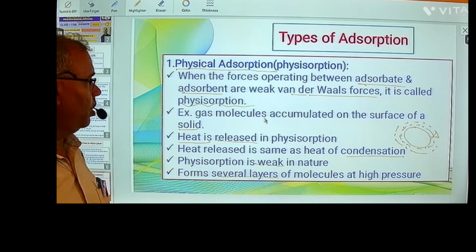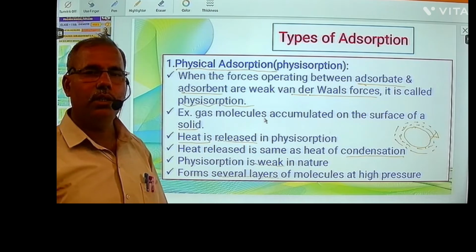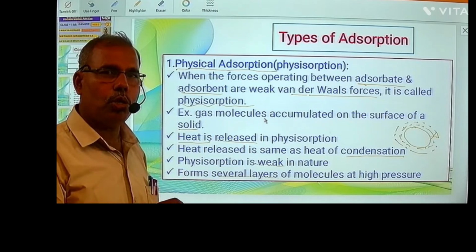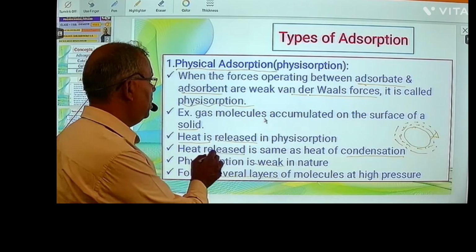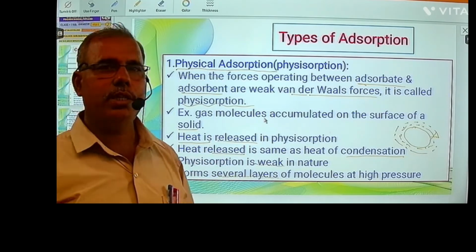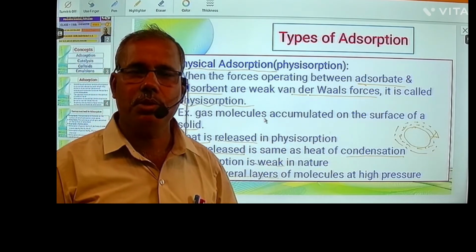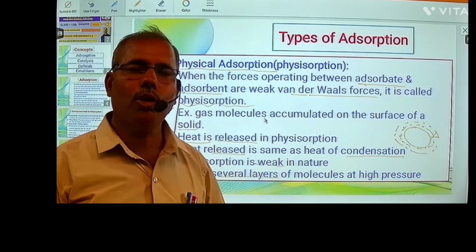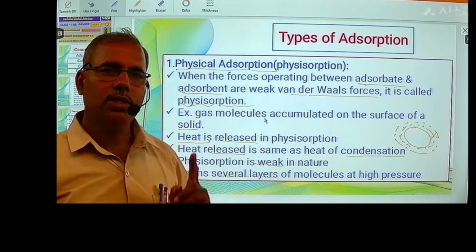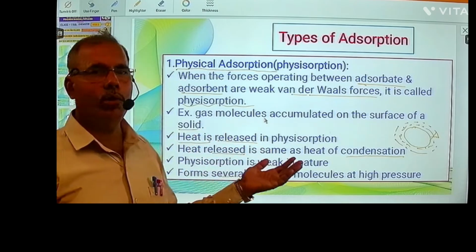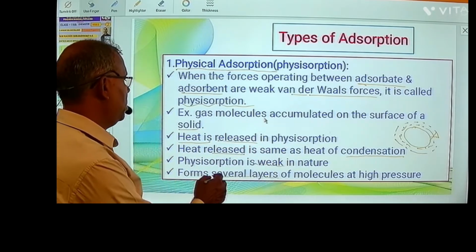So physisorption is an exothermic process. Then heat released in this process is the same as the amount of the heat of condensation. So for that substance, whatever quantity of heat of condensation is there, the same amount of heat is given out, or released, in the physisorption process.